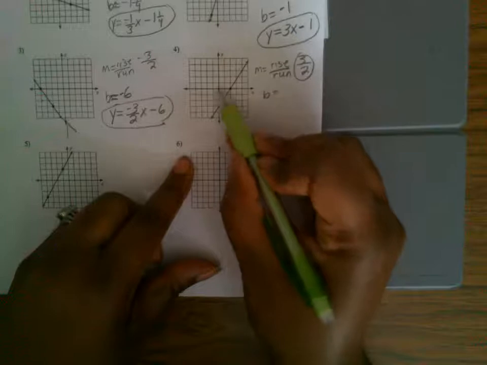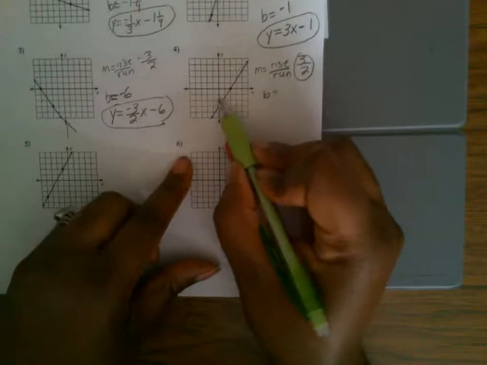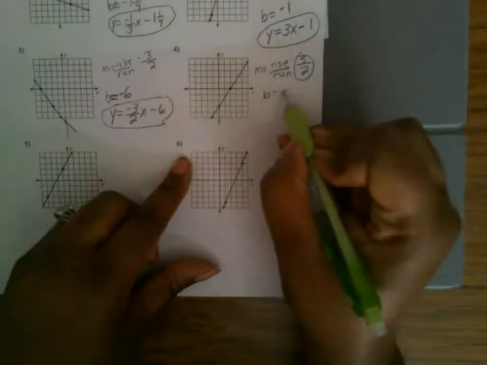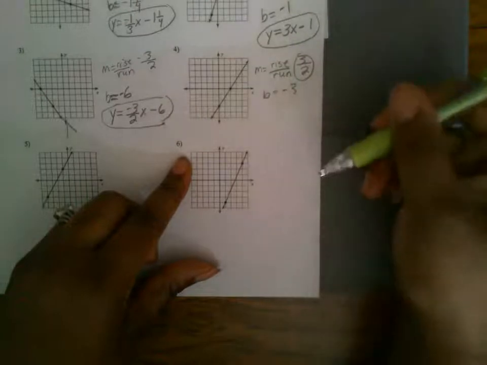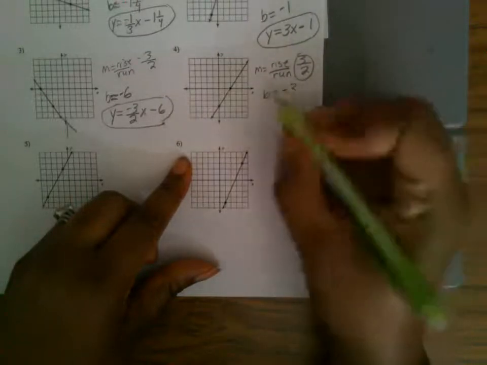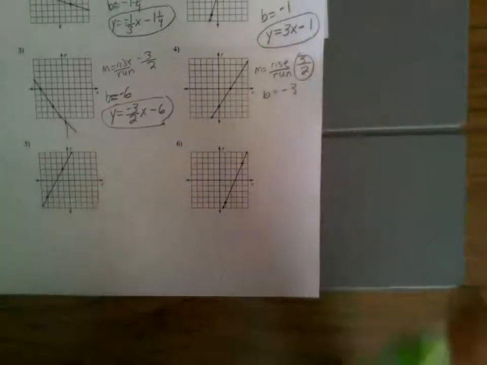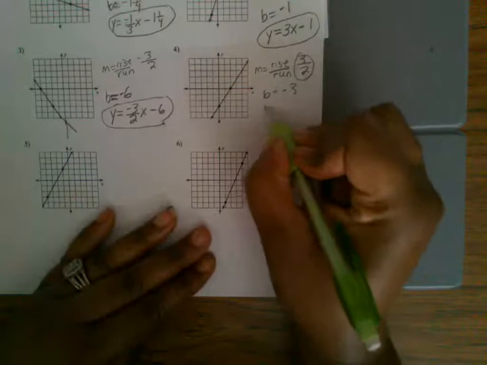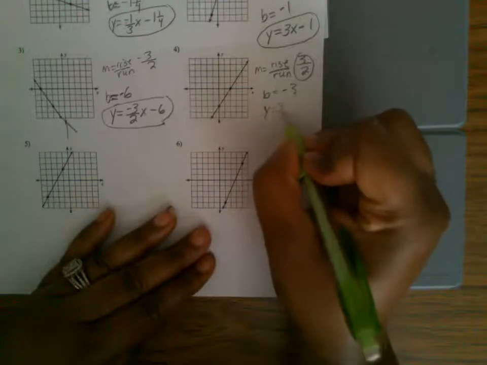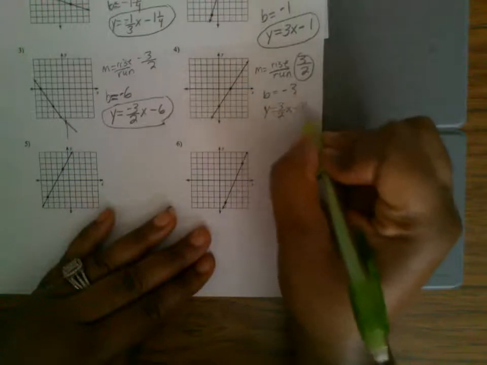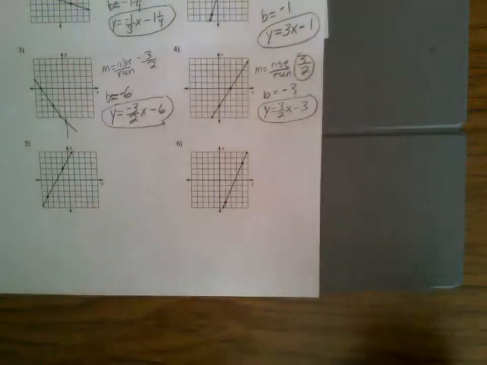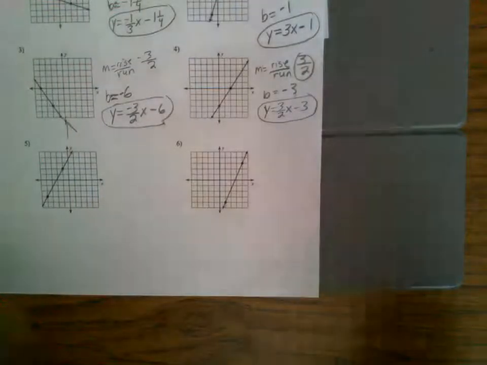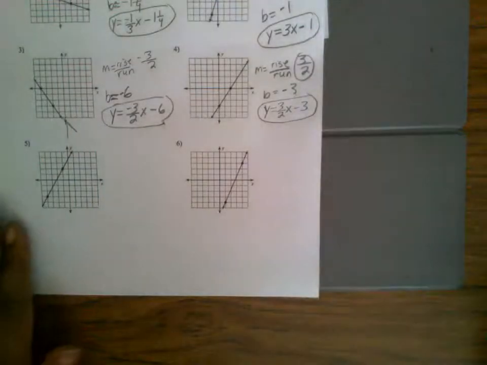It crosses at -1, 2, and 3, so -3 is my y-intercept. So my equation written in slope-intercept form is going to be y equals 3 over 2x minus 3. That's my equation. All right, pause for the calls.